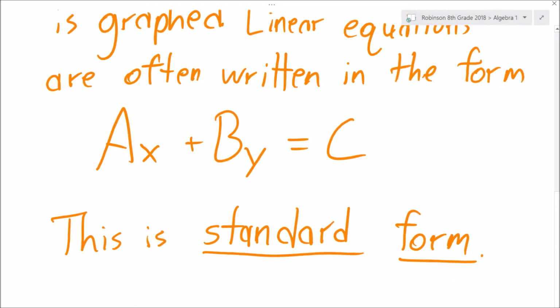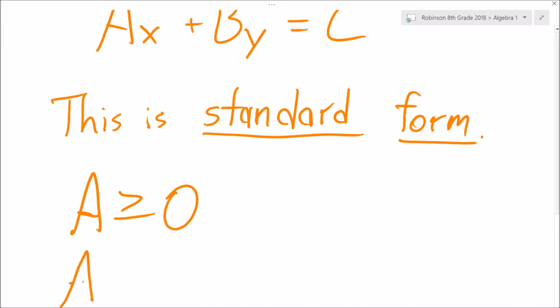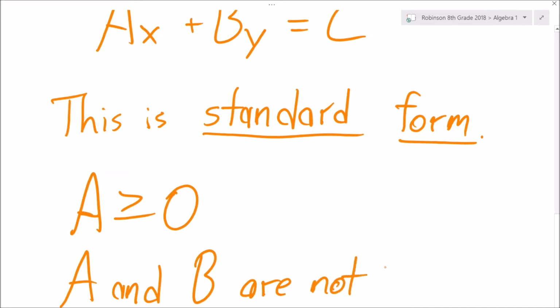Okay? In this equation, a is greater than or equal to 0. A and b are not both 0. But one of them could be, as long as the other one is not.